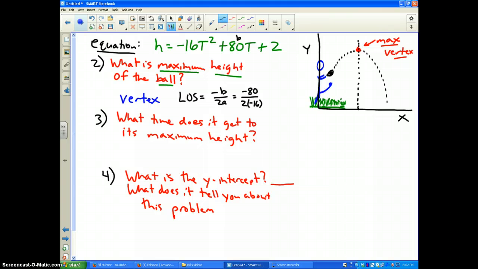So my vertex is going to come out to be negative 80 divided by negative 32, which actually comes out to be a time of 2.5 seconds.